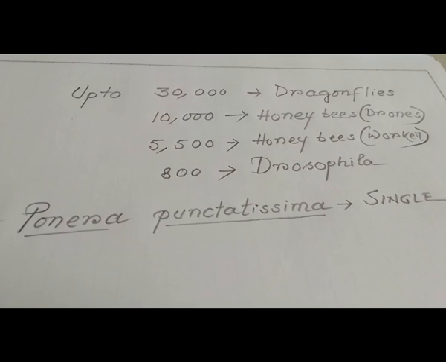At the other extreme, the workers of the ant Ponera punctatissima have only a single ommatidium on each side of the head.